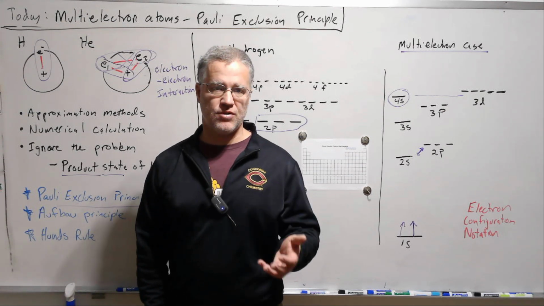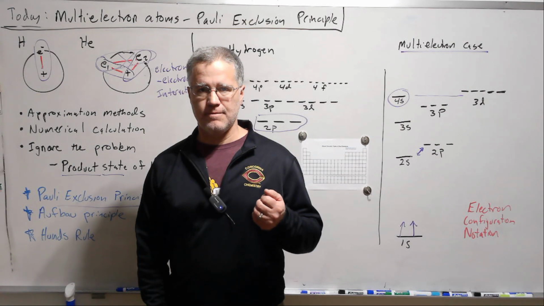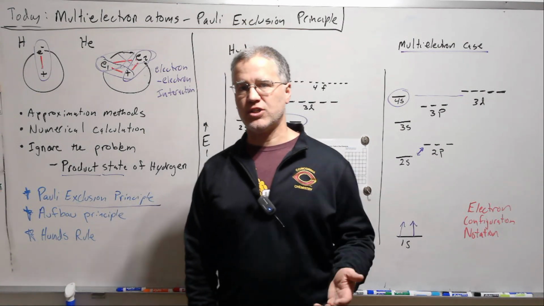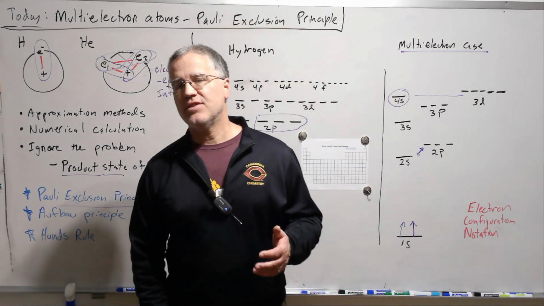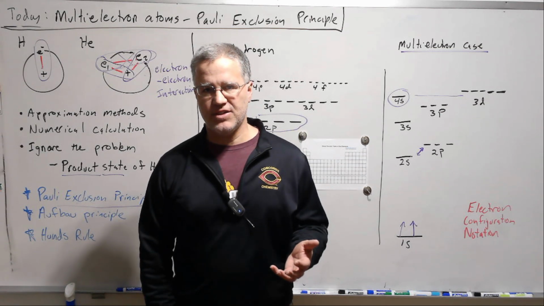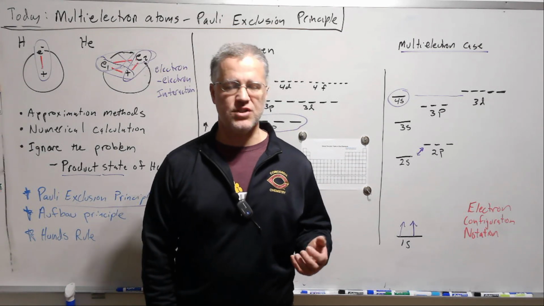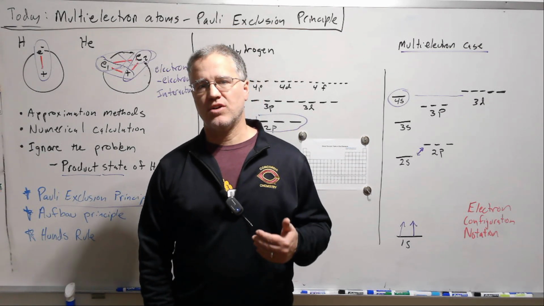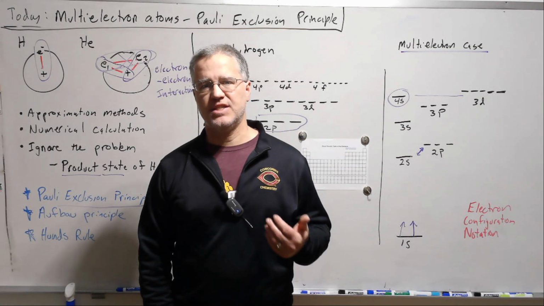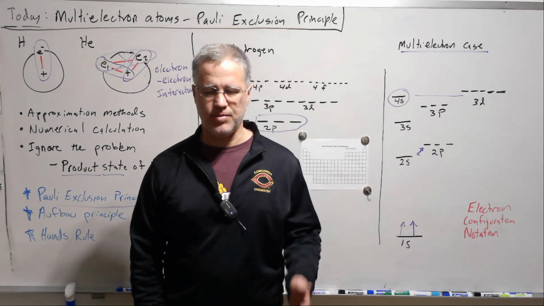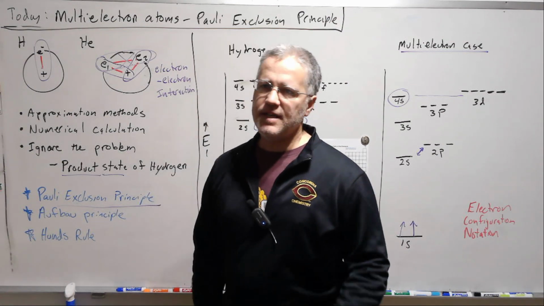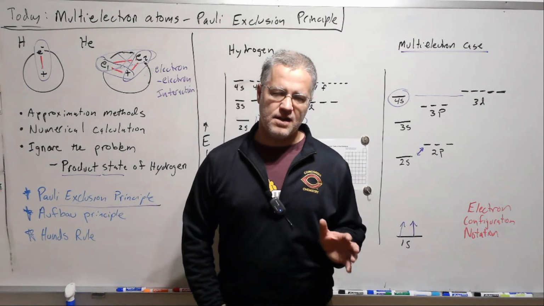So if you look at the general chemistry book that you're working with, it will say the Pauli Exclusion Principle either states that no 2 electrons can have the same 5 quantum numbers, or it will say no 2 electrons can occupy the same state, including the spin space state. Now, technically, that's not the Pauli Exclusion Principle.